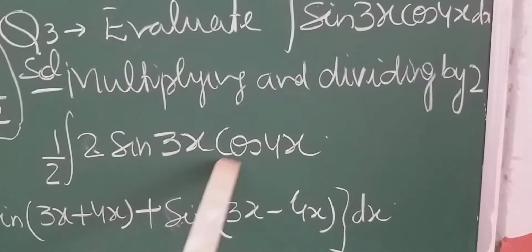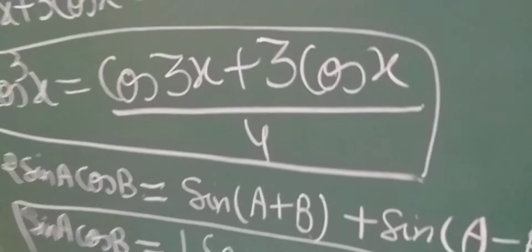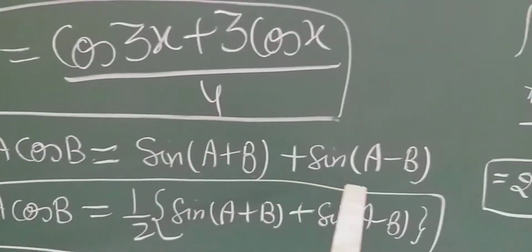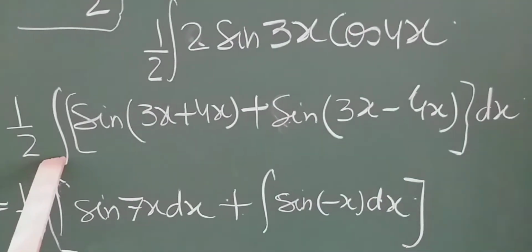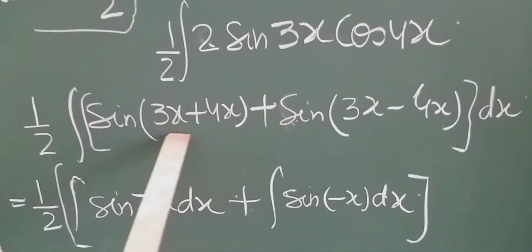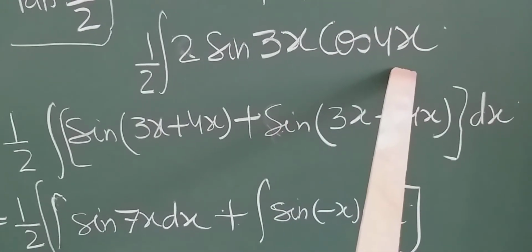The 2 sine A cos B formula we have to use. This formula is sine(A plus B) plus sine(A minus B). So 1 by 2 as it is. Sine(A plus B) means sine(3x plus 4x), because the value of A is 3x and the value of B is 4x.